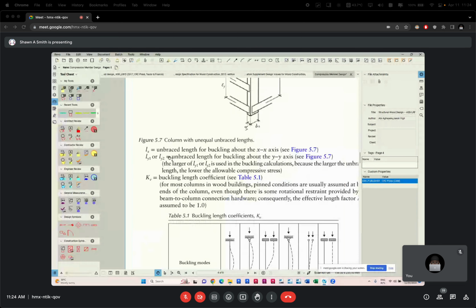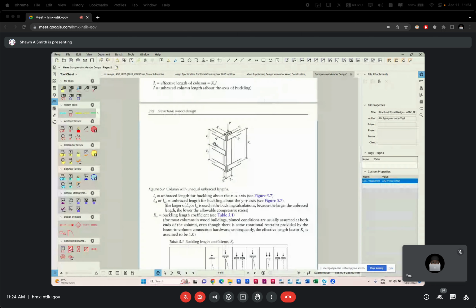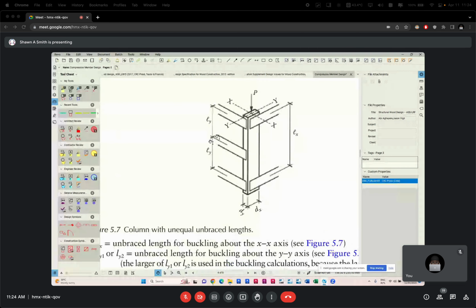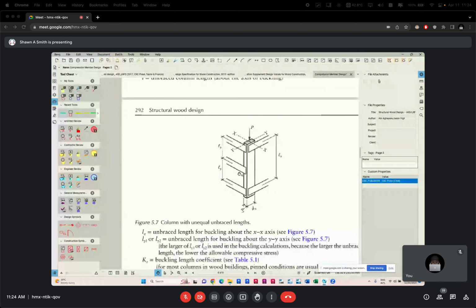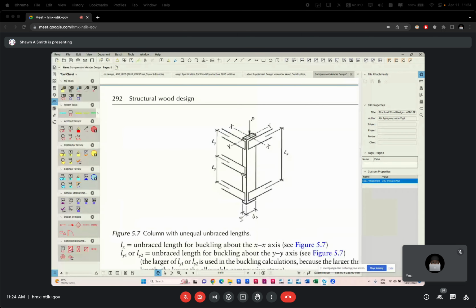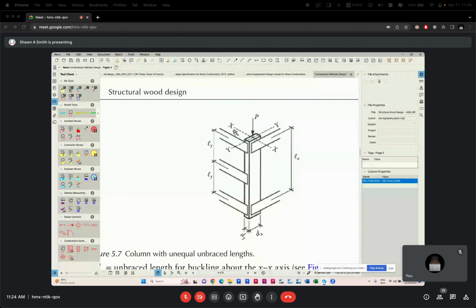It says Lx is the unbraced length in the x-axis. And we have Ly in the y-axis. In this case, we have Ly1 and Ly2, because based on this diagram we have right here, we have an intermediate brace in the y-axis. Remember, class, we have gone through this.